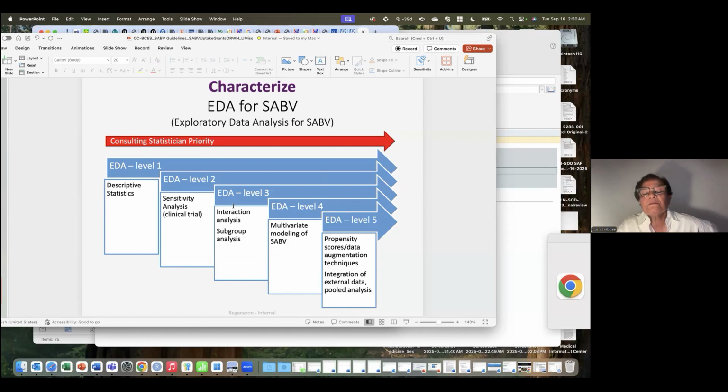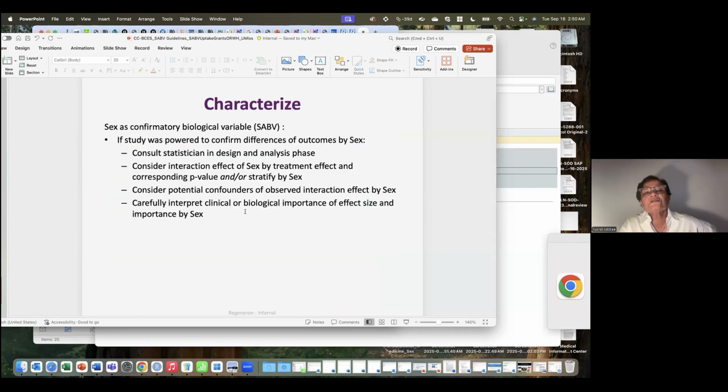But as you get more and more nuanced in trying to unlock differences by sex, you will need the help of consulting statisticians. When you're doing confirmatory SABV work, you have to power your study. Definitely, you need a statistician to power your study. You have to consider the interaction effect. You have to consider stratification, potential confounders, and carefully interpret clinical and biological importance of effect size and importance by sex.